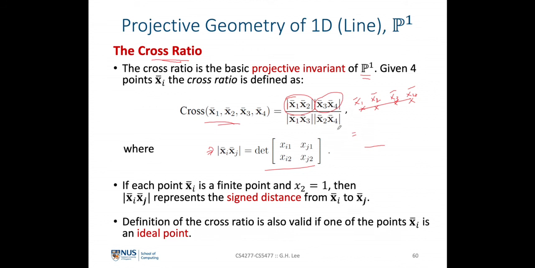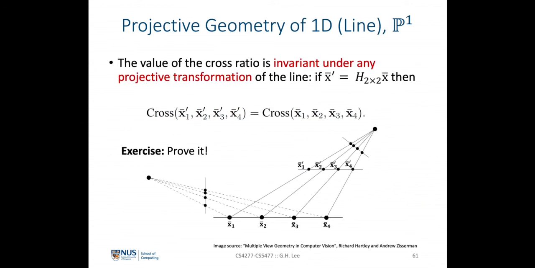What this means is that if these 4 points over here undergo a projective transformation of H2 by 2 over here, the cross ratio that is computed from x1 bar prime, x2 bar prime, x3 bar prime, and x4 bar prime should be the same number.